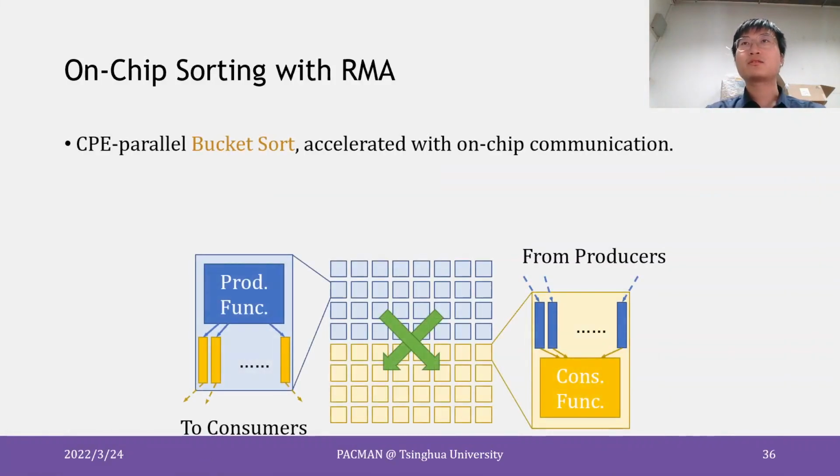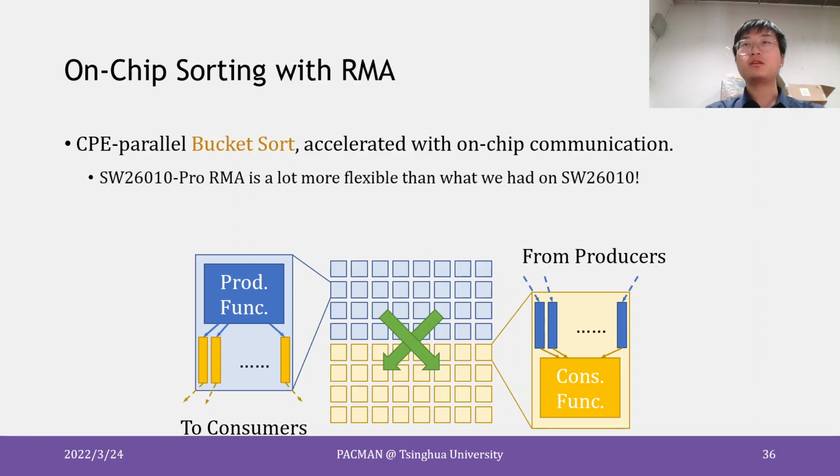The other one is on-chip sorting with RMA, which is a fast CPE parallel bucket sort implementation on the new Sunway. We have designed two versions of on-chip sorting kernels on Sunway TaihuLight, both based on the old register communication. On this new processor, based on its reworked intercore communication, the RMA mechanism, we also rework the design of on-chip sorting.